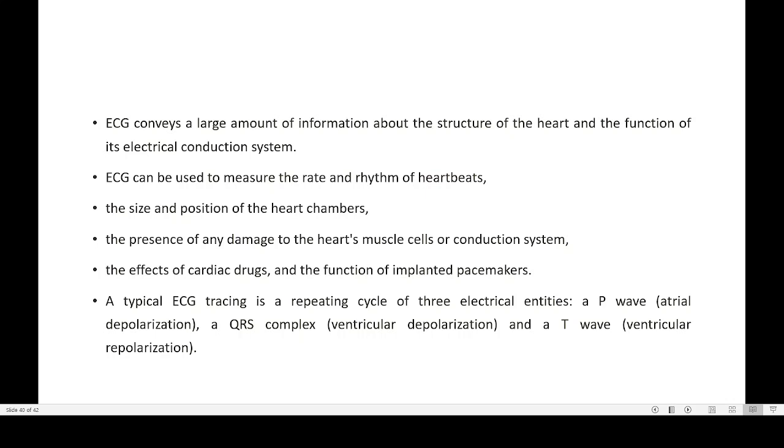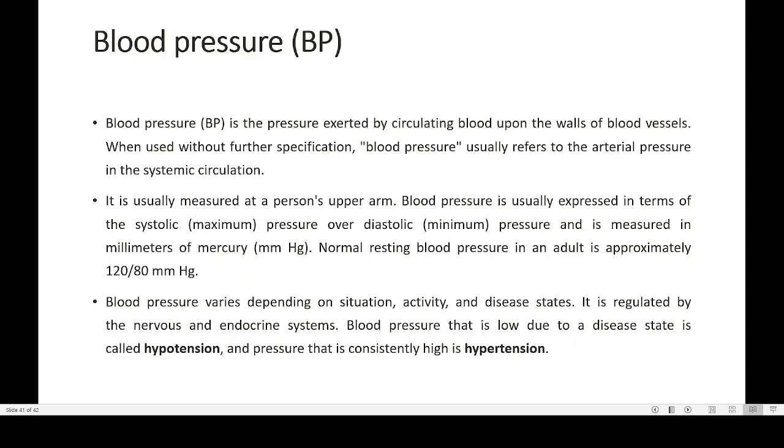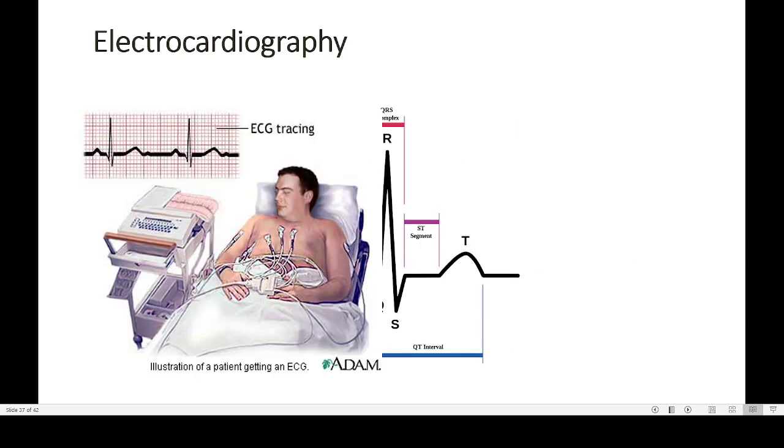So what do you mean by QRS complex? The P wave stands for auricle contraction, QRS for ventricle contraction, and the T wave for ventricle relaxation. So this is an idea of how the ECG works and what the importance of ECG is.